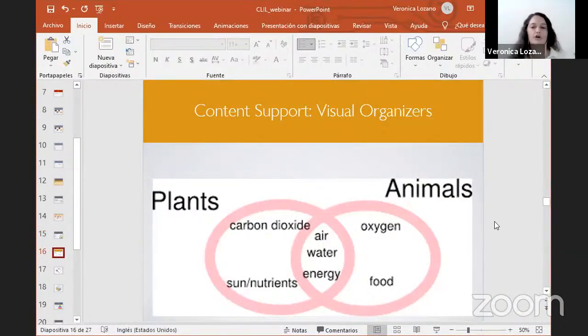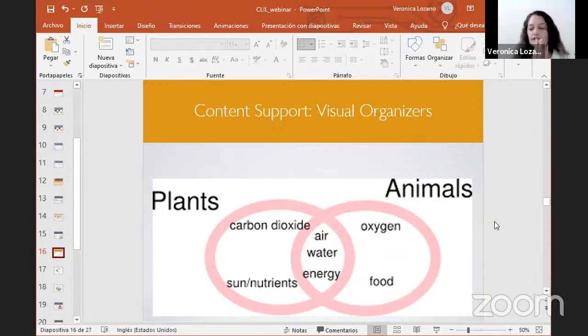Okay, good. So we explored some ideas on how to support language. Now we're going to move on to explore some ideas on how to support content, right? And remember, when we talk about content, what we mean is curricular subjects. It might be marketing if you're teaching at college or university level, or it might be science, very typically in the primary or elementary grades, or even kindergarten, right?